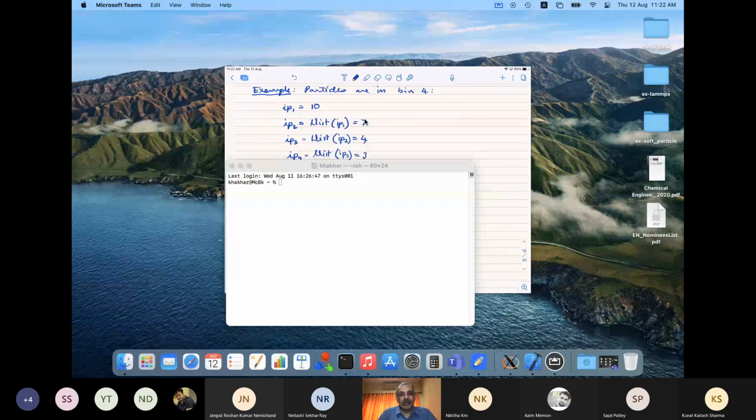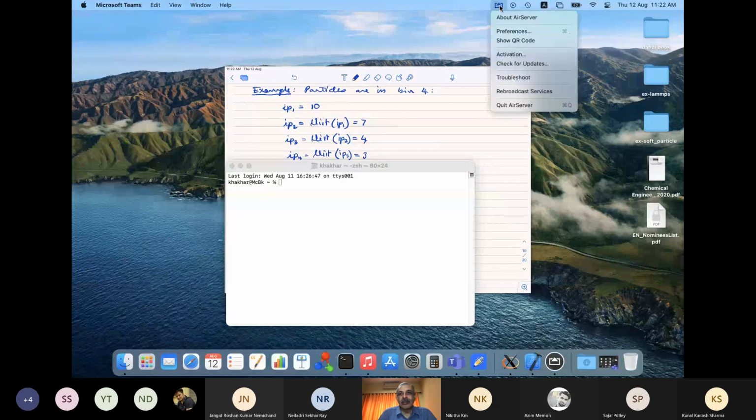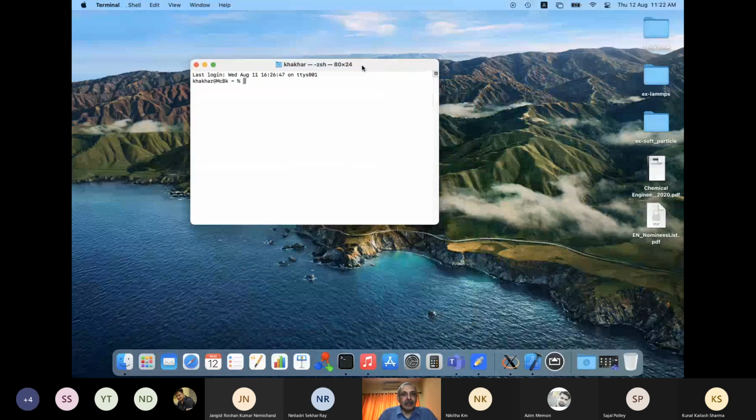So let me just run through the demo programs again, which I was doing there for the soft particles.